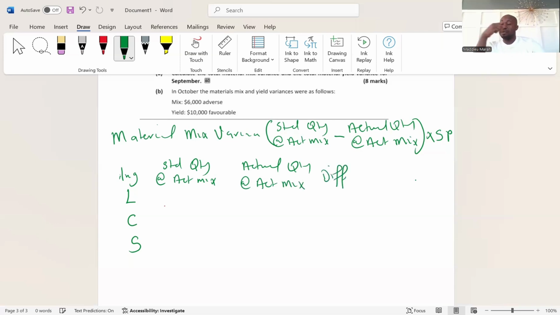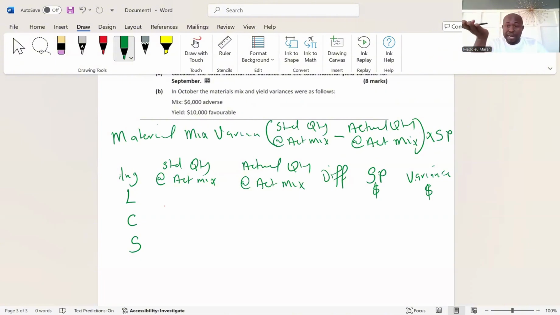My difference is going to give me my variance in kg. That's the difference between the standard quantity at actual mix and actual quantity at actual mix. Then I'll bring my standard price and I have my variance in dollar terms. So this is my table. I have my rows, I have my columns.